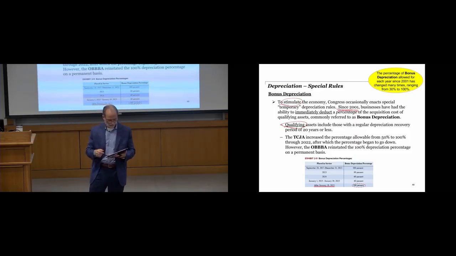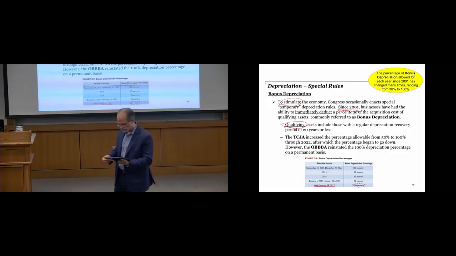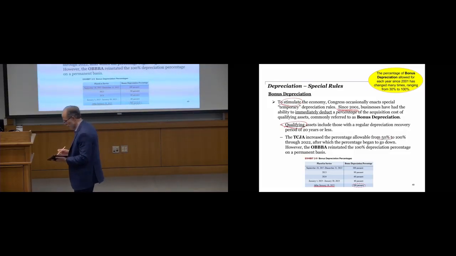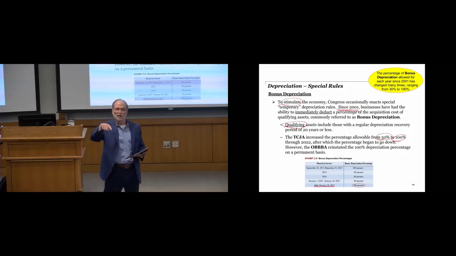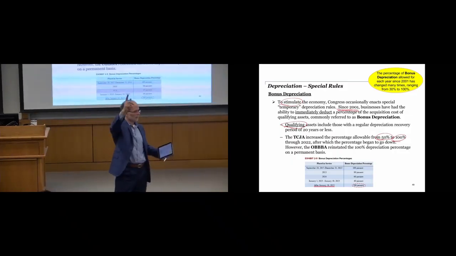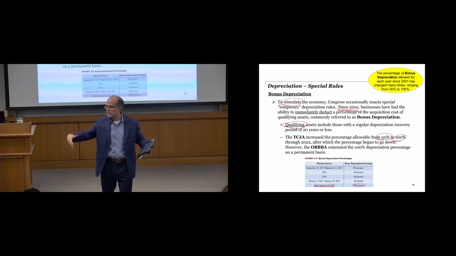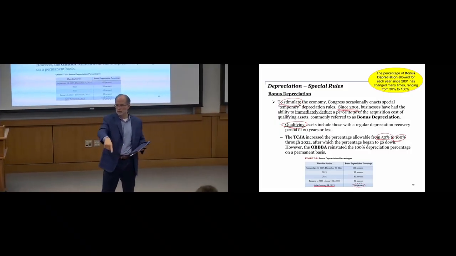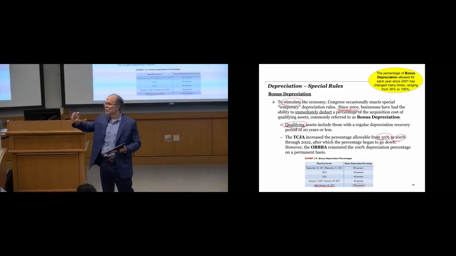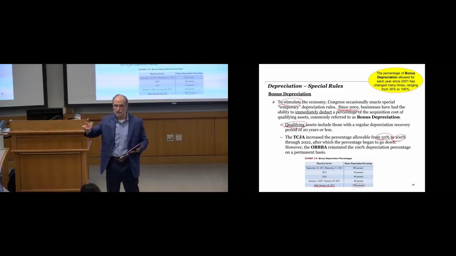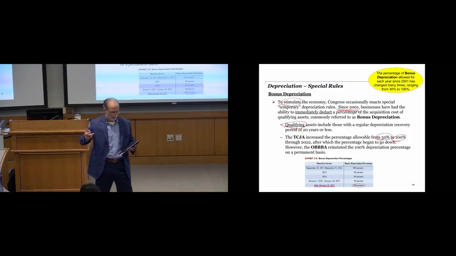Okay? The Tax Cuts and Jobs Act increased the percentage allowable from 50% to 100%. So Trump 1.0, when they came in, Republican president, Republican Congress, they decided to do their big seminal tax legislation, Tax Cuts and Jobs Act. They increased what was a bonus depreciation level of 50% to 100 through 22.